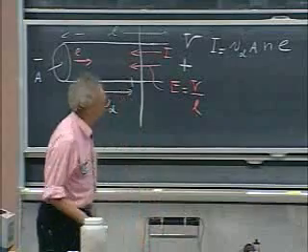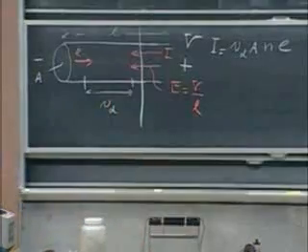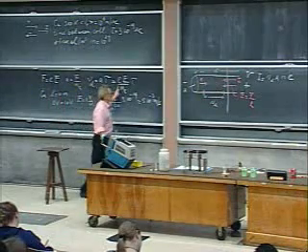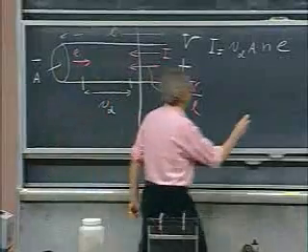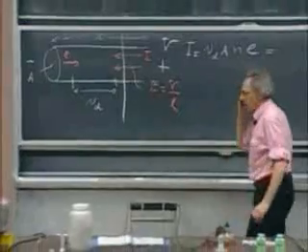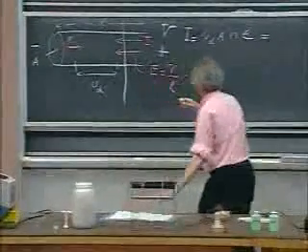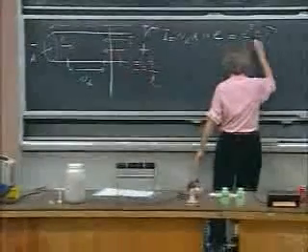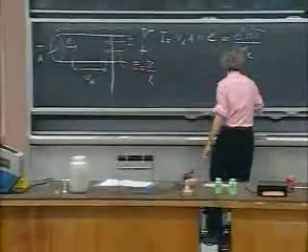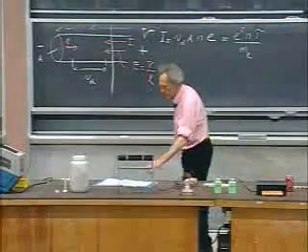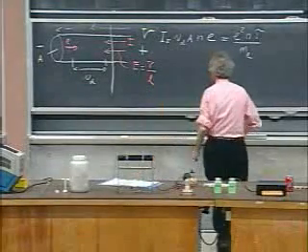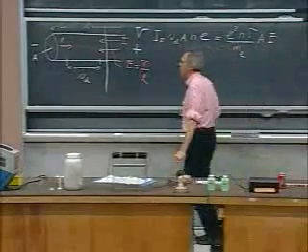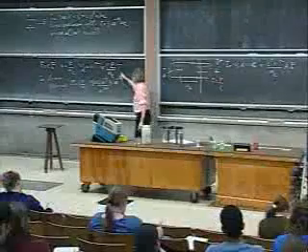If I now substitute the drift velocity, which we have here, then I find that the current, I get e squared, a charge squared. I get N. I get tau. I get downstairs the mass of the electron. And then I get A times the electric field E, because I have here this electric field E.